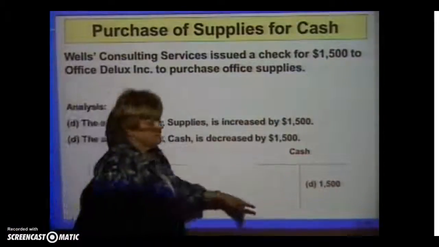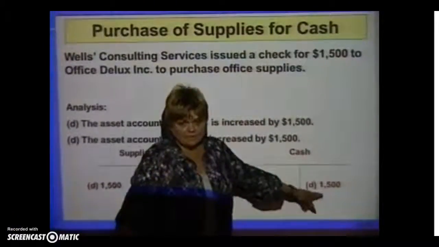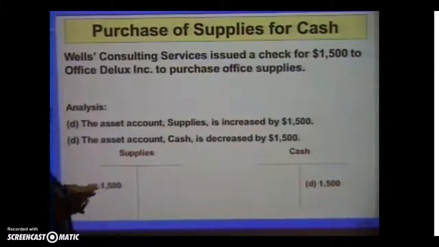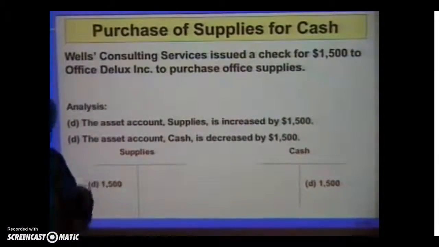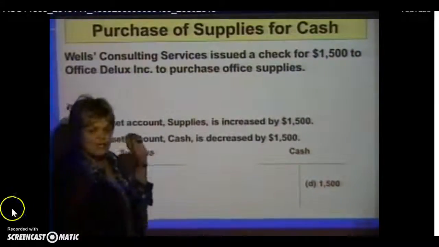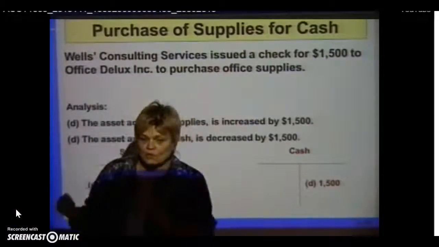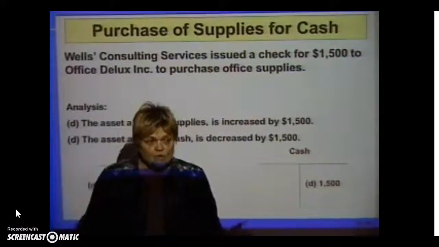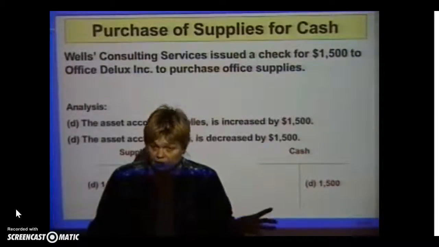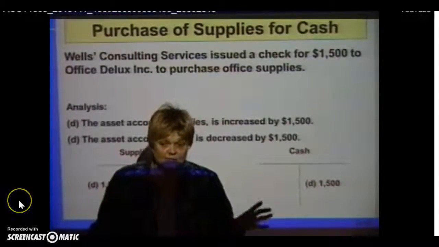Cash is an asset, it went down. So we have a left and a right entry for equal amounts. One asset went up, one went down. We stay in balance. As long as you have your left side entries equal to your right side entries on your double entry, when you're doing transactions, you will stay in balance.